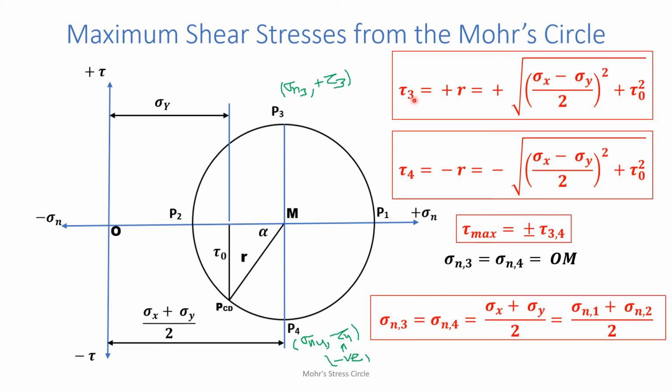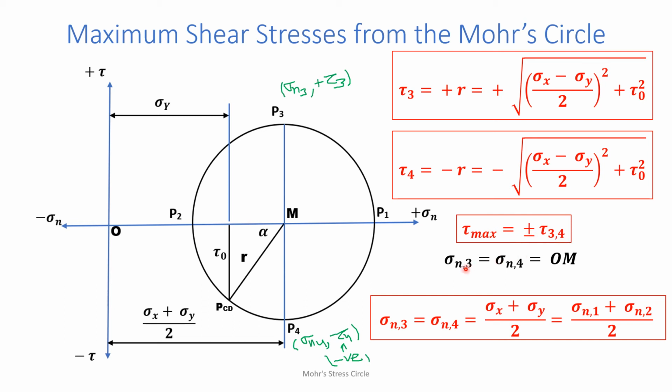So tau 3, the maximum shear stress for the third plane, is positive R. Substituting the value of R, square root of (sigma x minus sigma y by 2) whole square plus tau whole square. Tau 4 is minus R. So the same relations. So maximum shear stress is plus minus tau 3, 4.